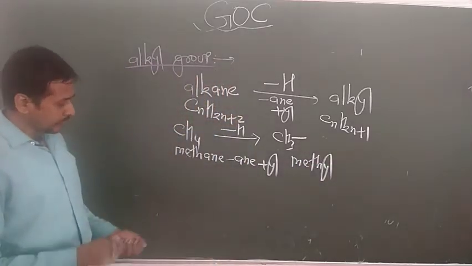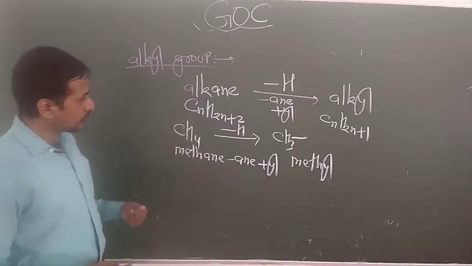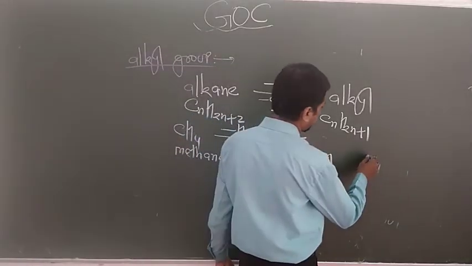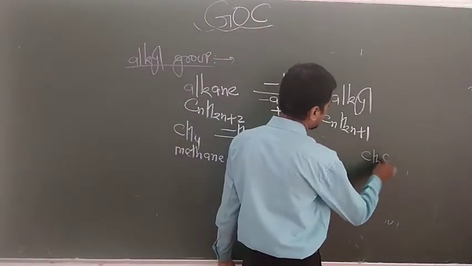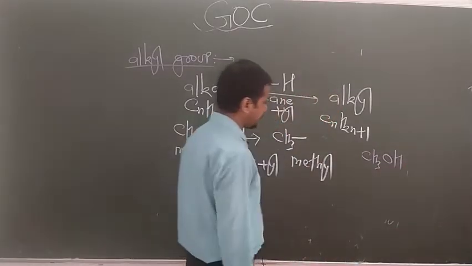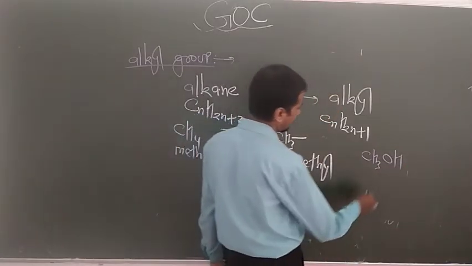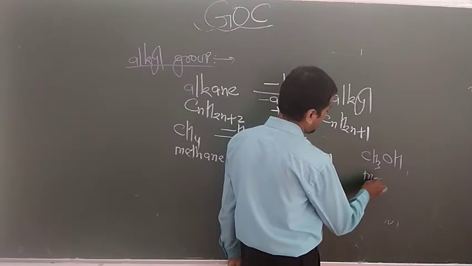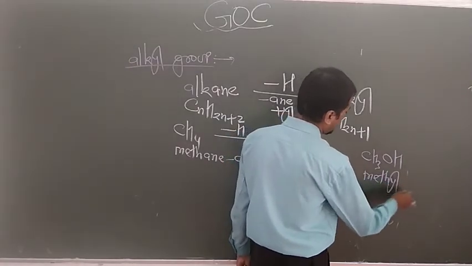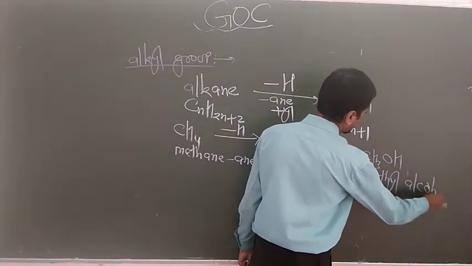One most common compound of this group is methyl alcohol. So one question: write the formula of methyl alcohol. You write CH3 and add OH. Now this becomes methyl alcohol.